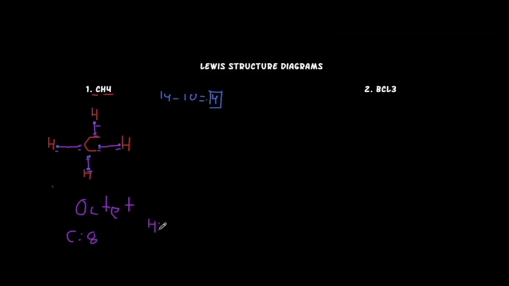And now, hydrogen is an interesting one, because hydrogen only needs 2 to complete its octet, you might say. So, if you look at each hydrogen atom, you see that's 1 electron here, and that's another. So it completes its 2 octet. It only needs 2 to complete its, well, octet, you might say.